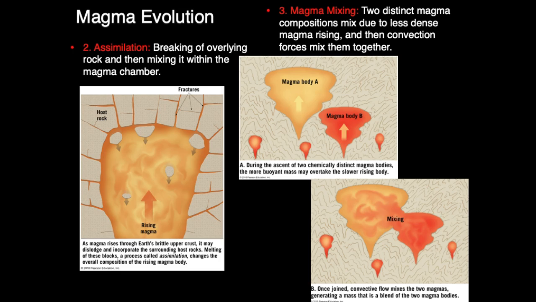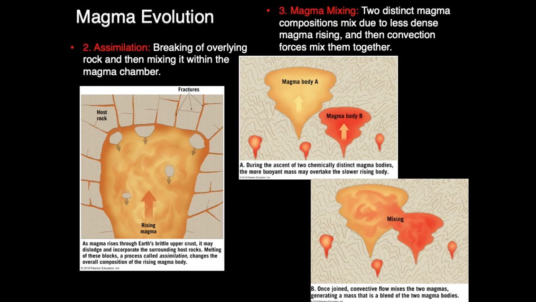So, for example, let's assume that the rocks that the magma was being injected into are granite. But the magma body itself is mostly made out of ions that contain iron and magnesium.